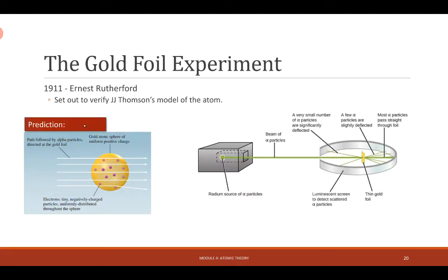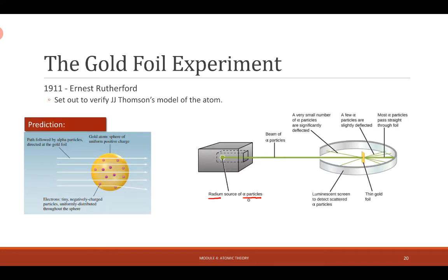So Ernest Rutherford predicted that he could, okay, well, let's talk about his experimental setup. This is known as the gold foil experiment. And there's a radioactive isotope in here known as radium. Radium is an alpha decayer.